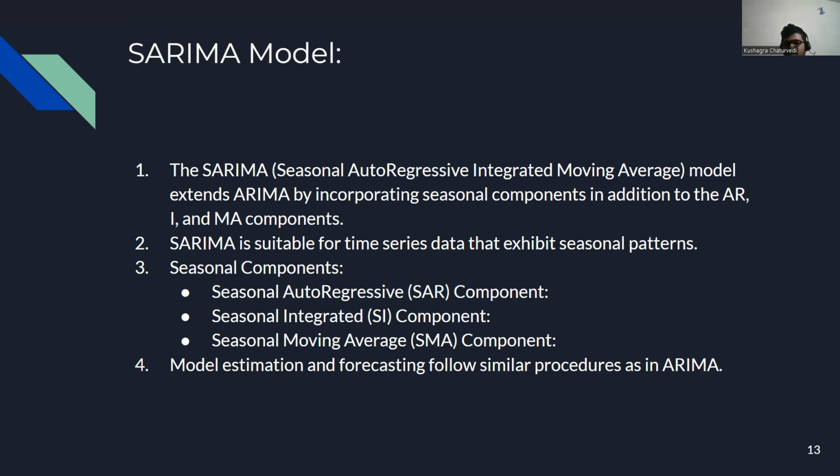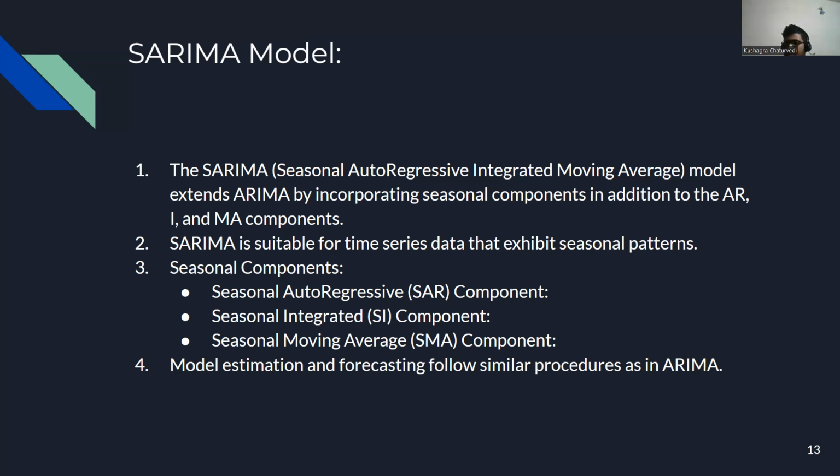It contains three components: the seasonal autoregressive component, the seasonal integrated component, and the seasonal moving average component. The seasonal autoregressive component represents the relationship between the time series and its lag values again, but it contains the seasonal frequency this time. So that is the difference between ARIMA and SARIMA.